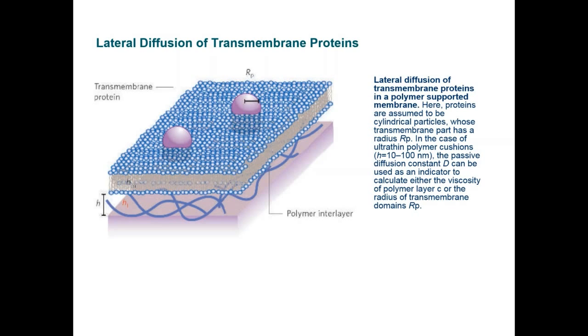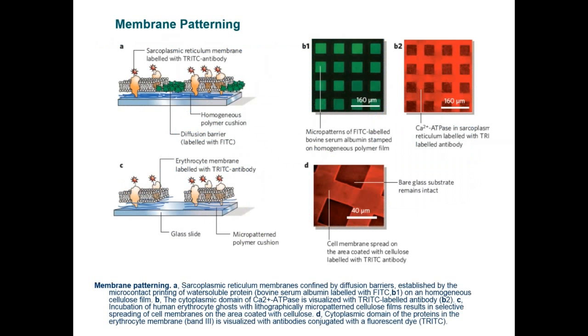Many types of work have been done, and this is actually older literature, where one can corral these membranes artificially and investigate diffusion laterally through the use of dyes. And that means that the membrane can be patterned and investigated individually or used in an array system as shown here, that enables better labeling experiments.